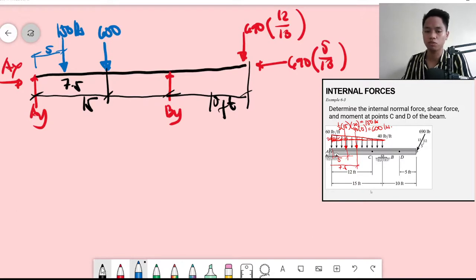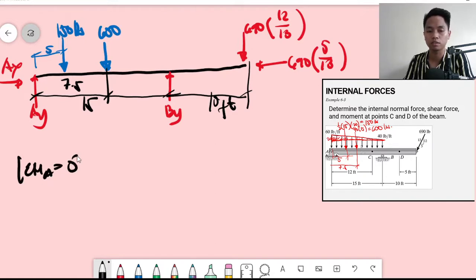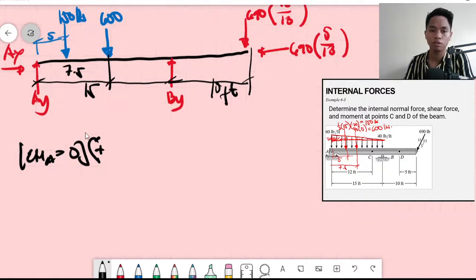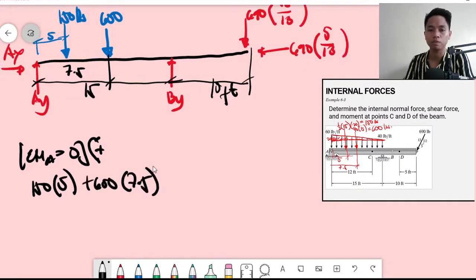So, we can now solve for the reaction at B. Let's take moments about A. Clockwise moments are positive. So this would be 150 multiplied by 5, positive. Then 600, its moment arm is 7.5.